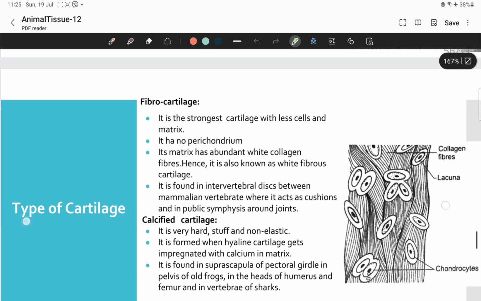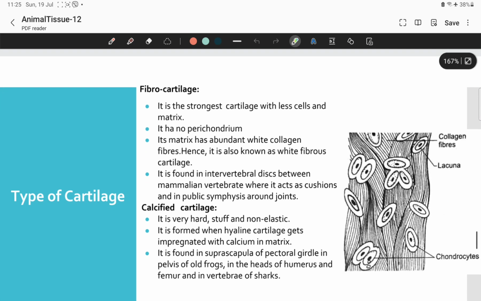Now let's go to the next cartilage, which is called fibrocartilage. It is the strongest cartilage among all the other cartilage types. So we have four cartilages, you already know. Among them, fibrocartilage is the strongest because it contains fewer cells and less matrix, and has more collagen fiber.